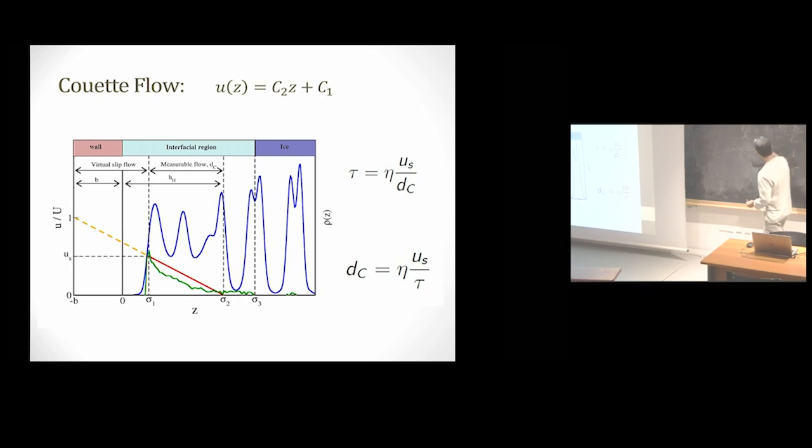And so I can get my shear rate right away. Sorry, I'm missing here a coordinate. My shear rate is just the derivative of the flow profile with respect to z. So my shear rate is the slip velocity divided by the Couette flow distance. I could tell just from looking at this what the Couette flow distance is, but I don't want to take this arbitrary decision.